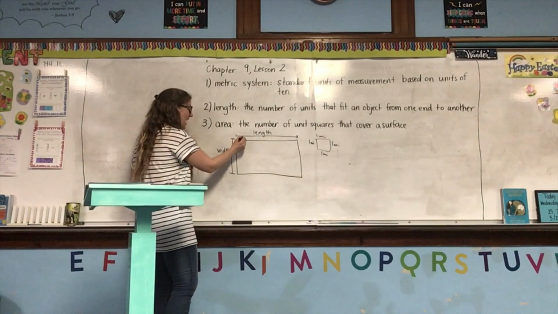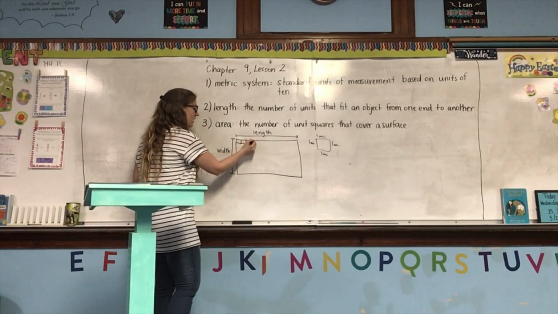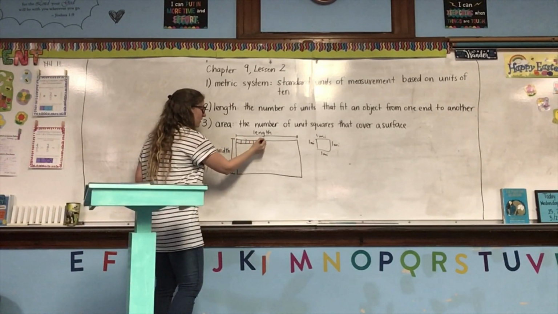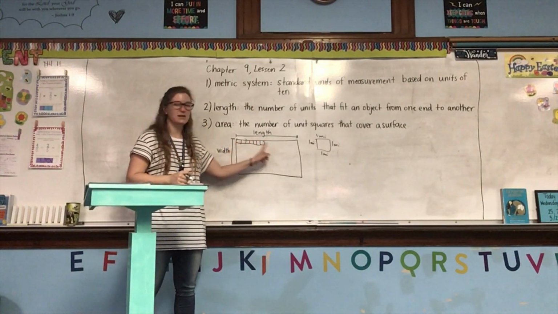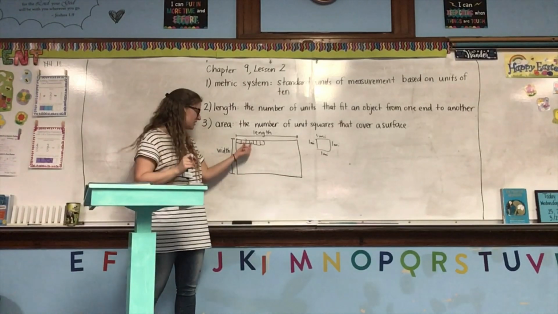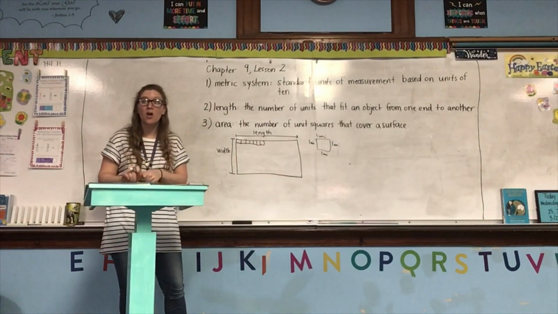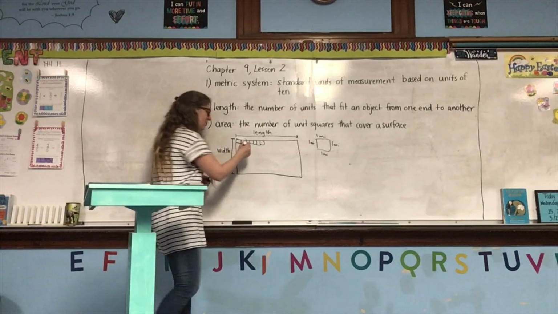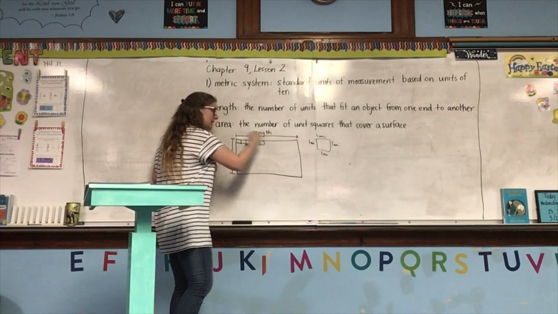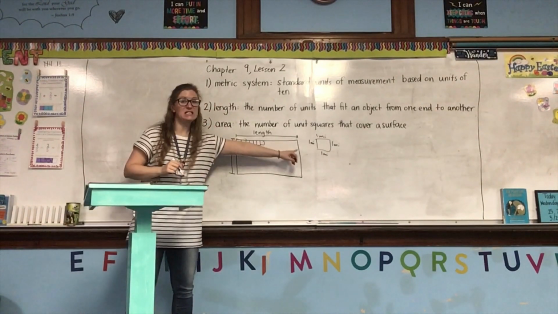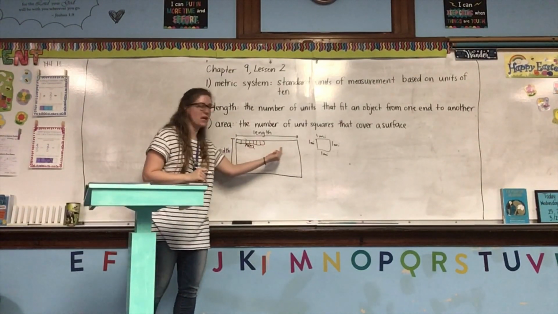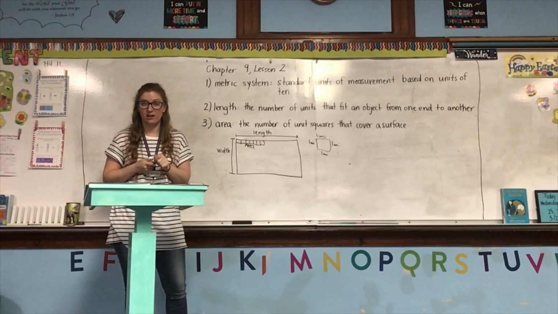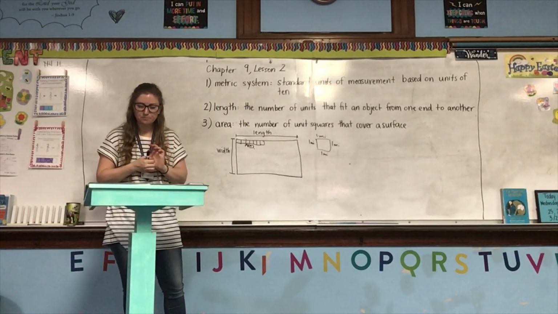So we would see how many of these units would fit across and cover this whole shape. So I would keep drawing these little boxes or keep measuring with these little boxes until I covered the whole shape. So that's the difference between length, which is from end to end, width, which is across, and area, which is how many of those square units cover that whole surface.